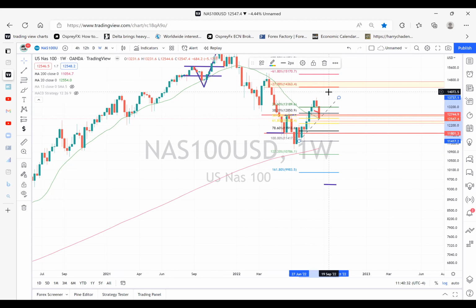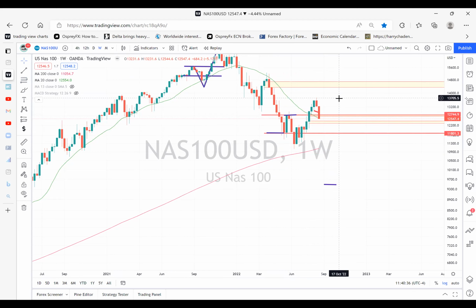See that? Confluence right there. We could have done the same thing with the US 30. I just wanted to show you multiple confluences that suggest that the market is going to go up. Any questions?